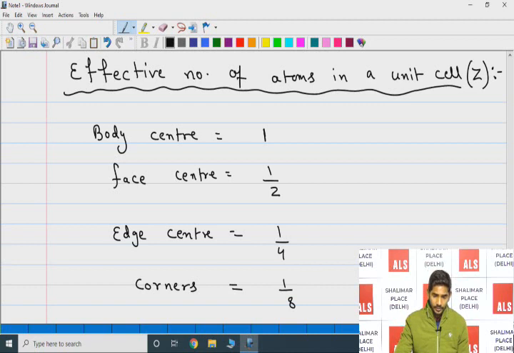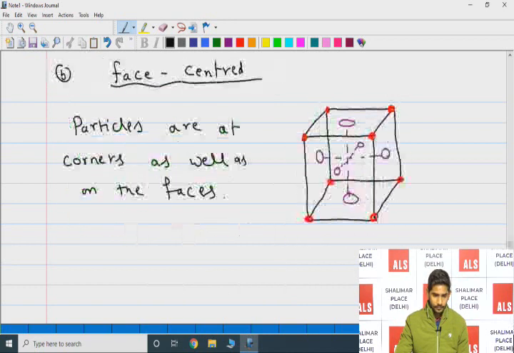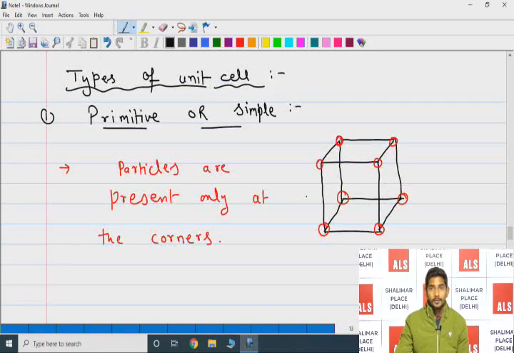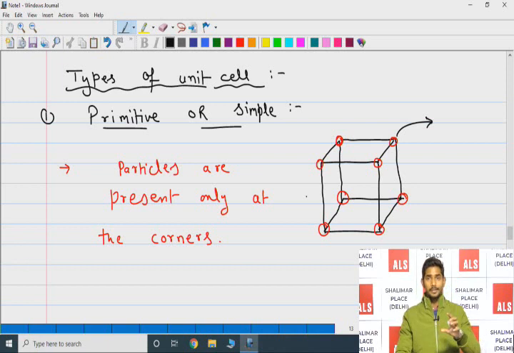Okay guys, now look at this diagram. In the types of unit cell, first was the simple or the primitive. Actually, we were representing one sphere at one corner. But now we have just learned that at a corner the total sphere won't be inside the unit cell. Only 1/8 part will be inside the unit cell.